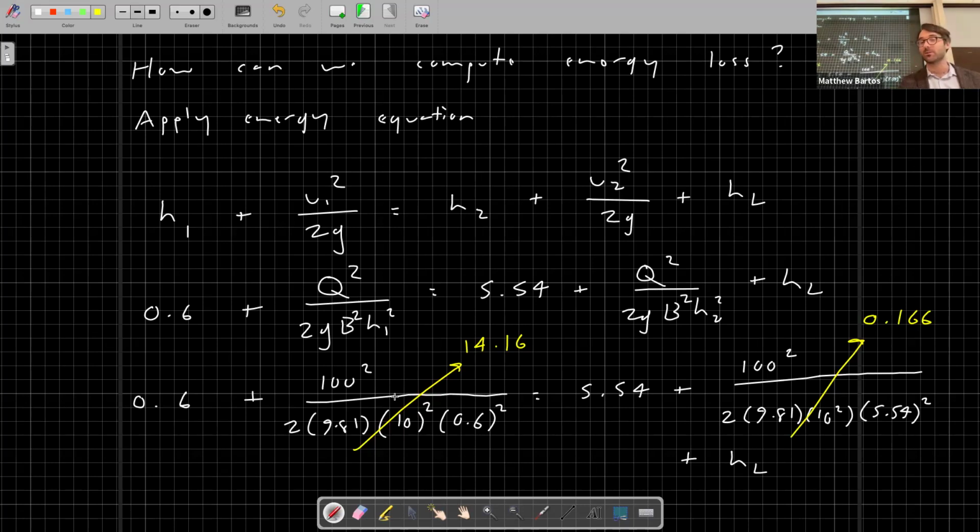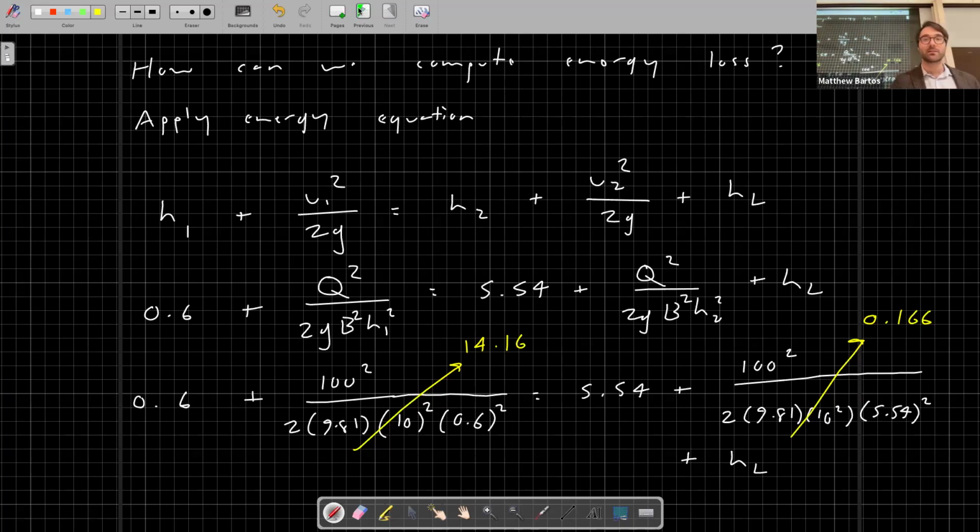This here represents the component of the energy that's in the kinetic energy, so that's 14.16. So most of the energy upstream is in the kinetic component. Downstream, we have potential energy of about 5.54 meters. Kinetic is 0.16. So supercritical, most of the energy is in the kinetic energy. Subcritical, most is in the potential energy.